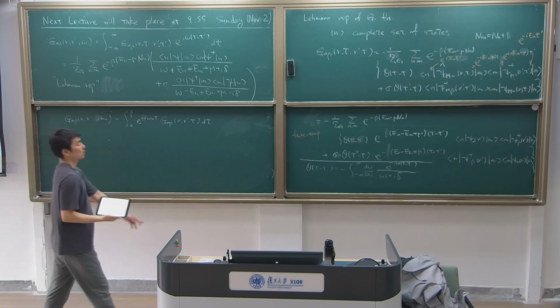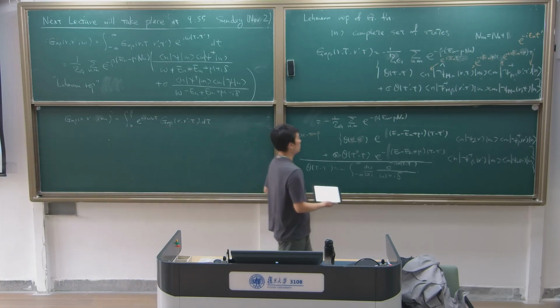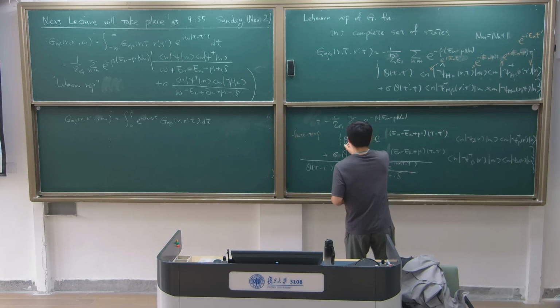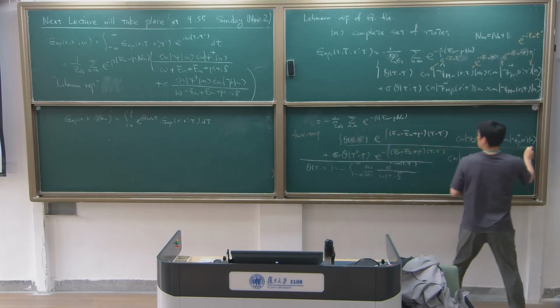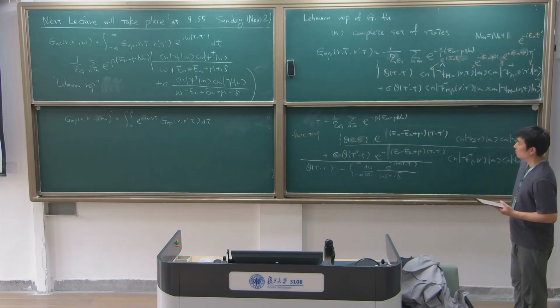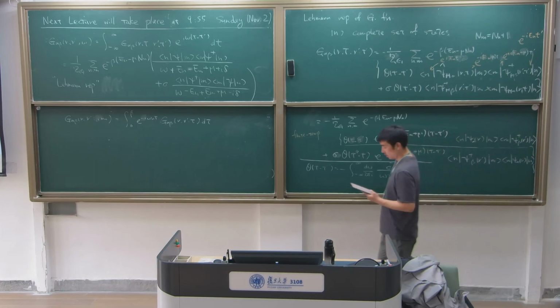Essentially what's relevant is only this part. You set tau prime to be 0, and the positive part is coming from here.